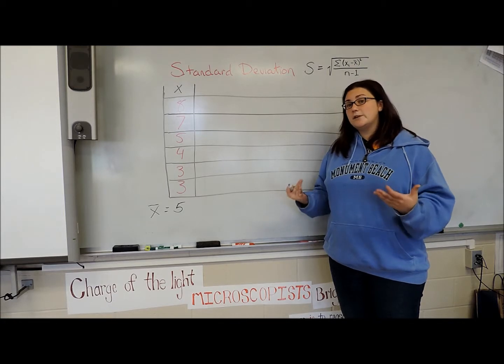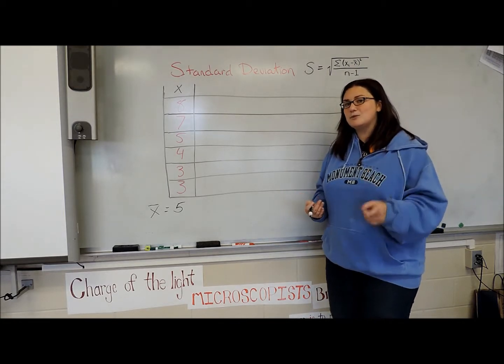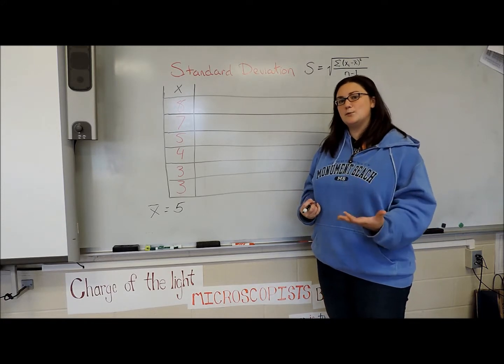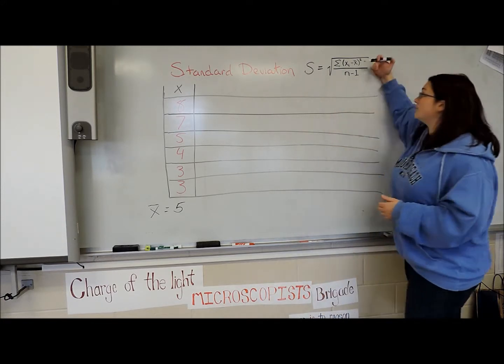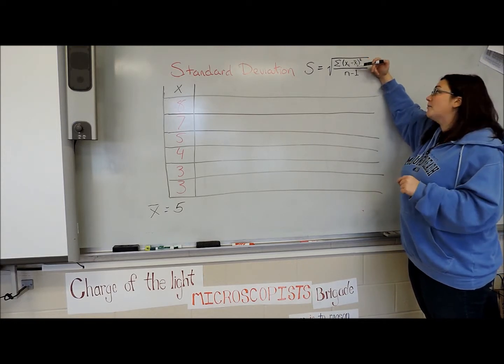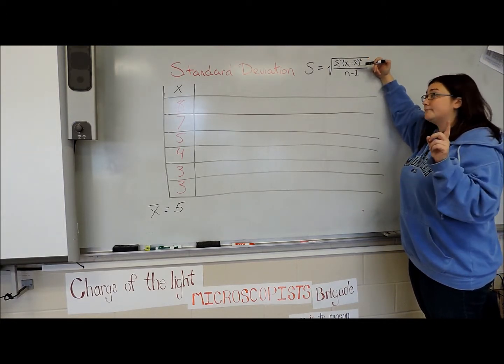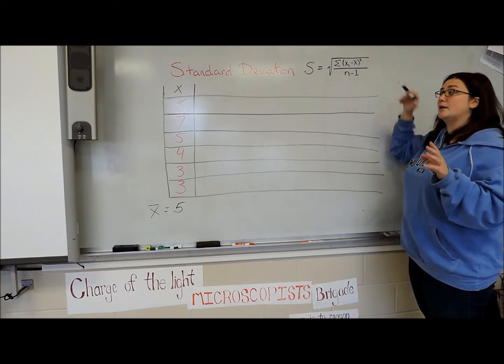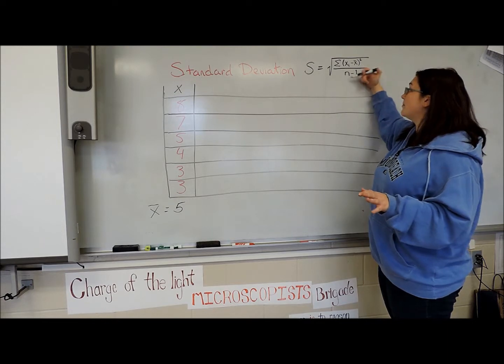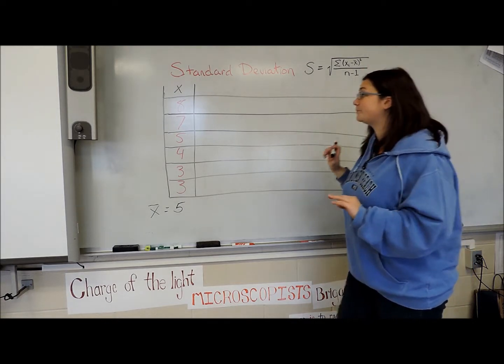The differences will add up to 0. But if you square a negative number, it's back to being positive again, and it's something we can use. So we've got the specific x, minus the average, square it, and then add all of them up. So let's do that step by step, and then we'll come back to the rest of this equation.